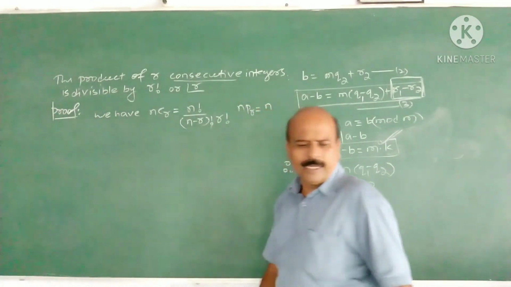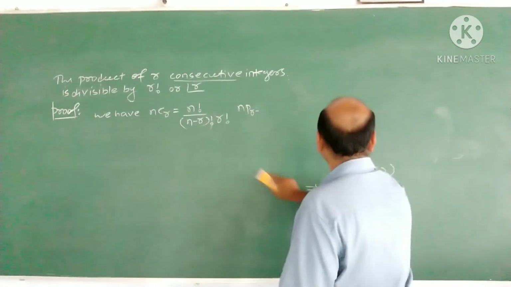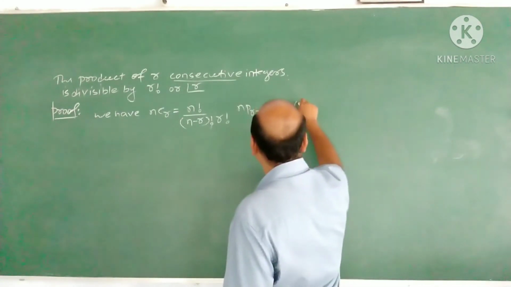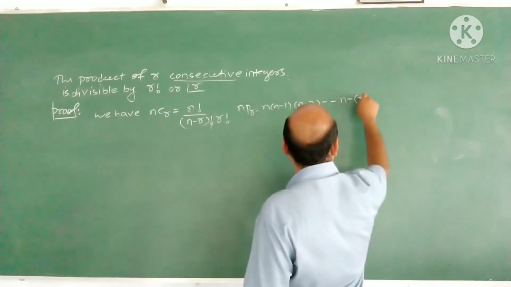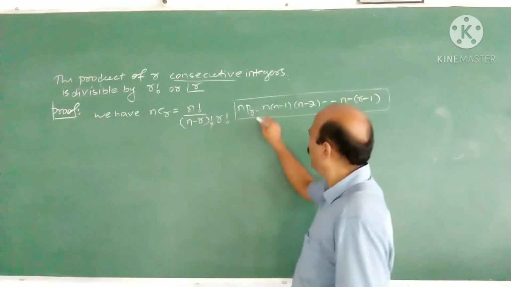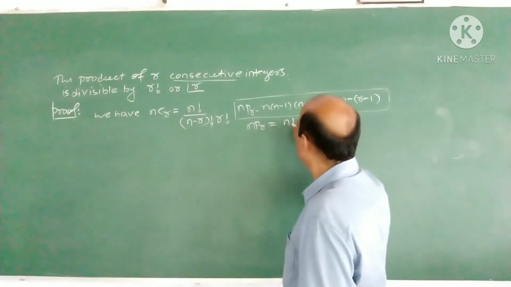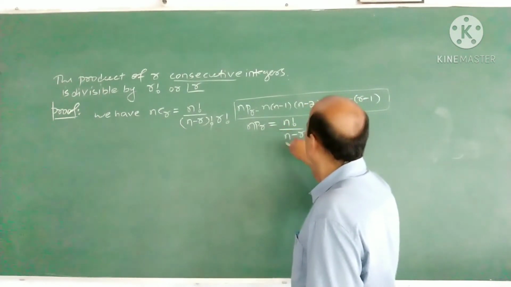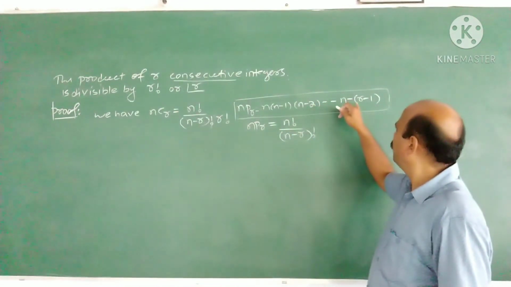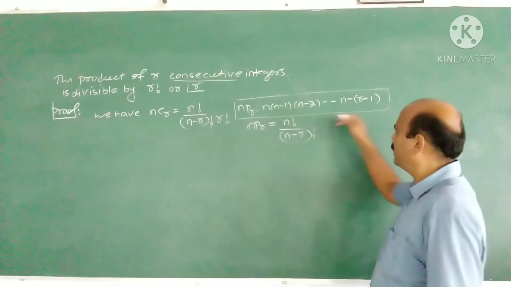nPr is n into (n minus 1), (n minus 2), and so on, up to (n minus r plus 1). But we have proved that this can also be expressed in terms of factorial notation. nPr is n factorial by (n minus r) factorial, because we have multiplied and divided by (n minus r), (n minus r minus 1), (n minus r minus 2), and so on.